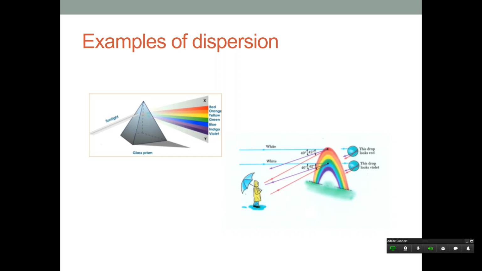And so now you have red on top and violet on the bottom. So you have the regular rainbow, and then you're going to have the total internal reflected rainbow. So you're going to see two rainbows in the sky, and their colors are going to be inverted. There's a primary rainbow and a secondary. Neat stuff. Next time you can explain that to someone. And that's called dispersion. That's what I need you to know about it.